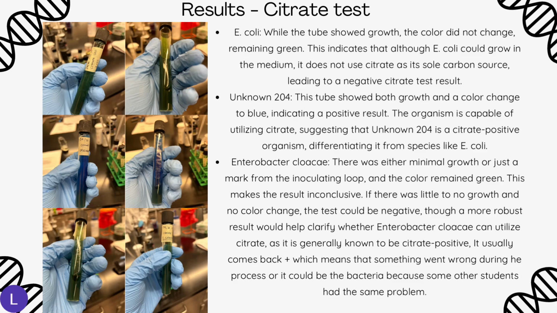So for this procedure, we will have to check more, but it could be either wrong safety techniques to inoculate it, or it could be that the bacteria had something wrong in it.